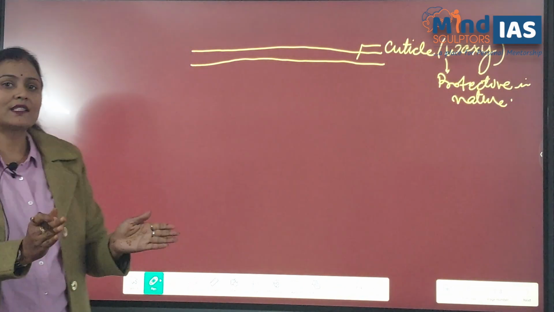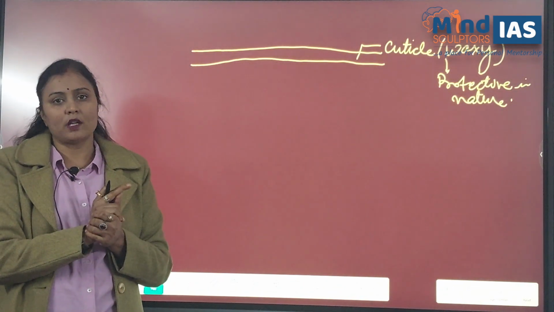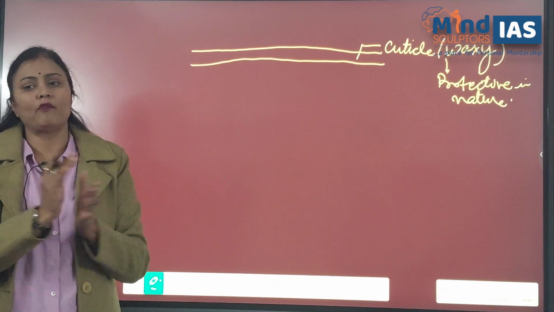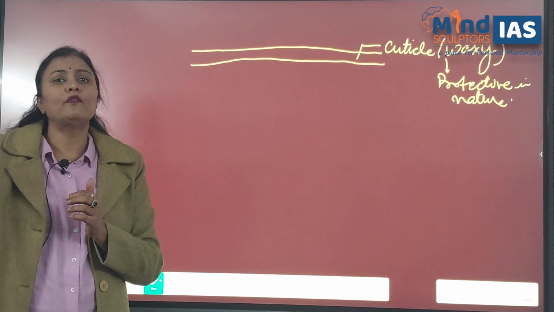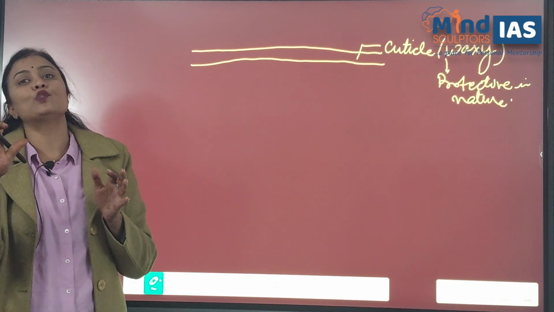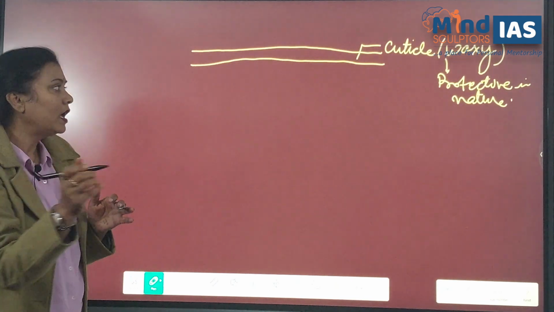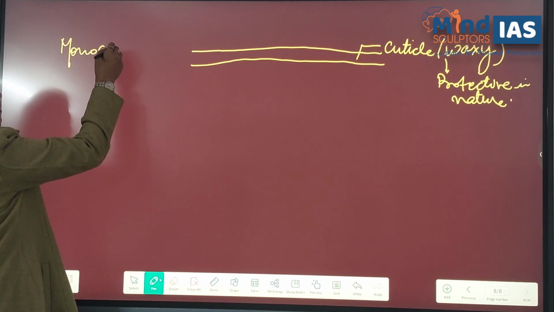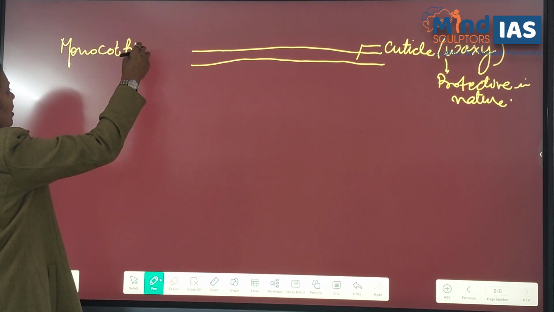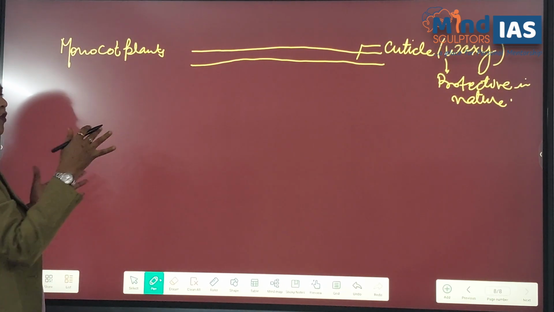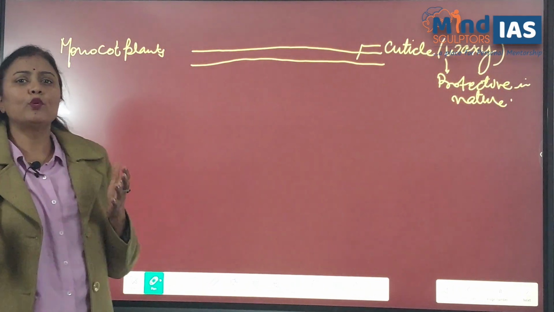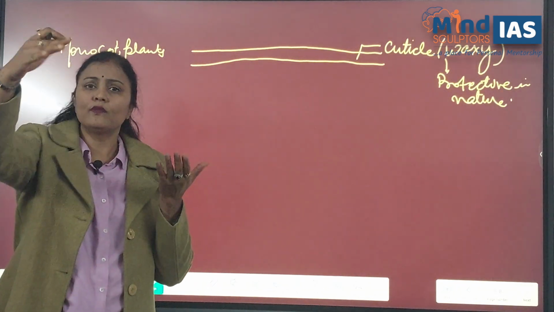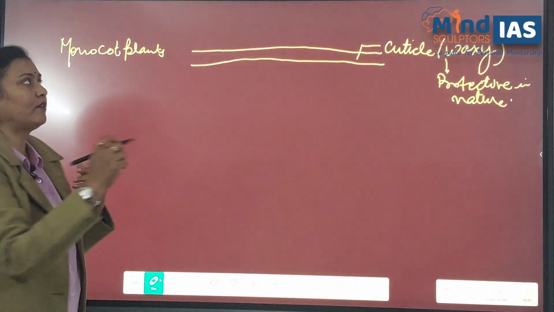And like we have discussed, stomata is a very important structure, but if you see different types of plants, they have different kinds of distribution of stomata on the surface of the leaf. For example, monocot plants have almost equal distribution of stomata on the upper surface and the lower surface of the leaf.